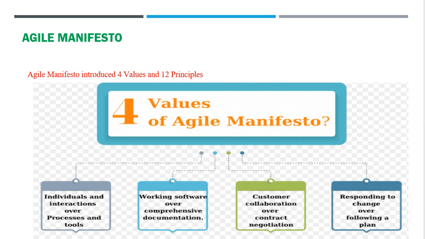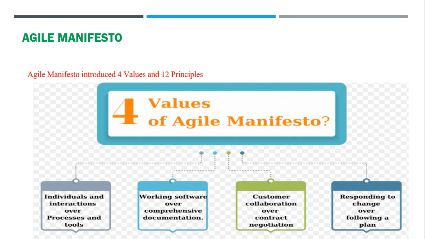This focus on individuals and interactions ensures that the team can adapt quickly and work effectively, resulting in higher quality software. So, I hope you all understood what the first value of the Agile Manifesto says: individuals and interactions over processes and tools.